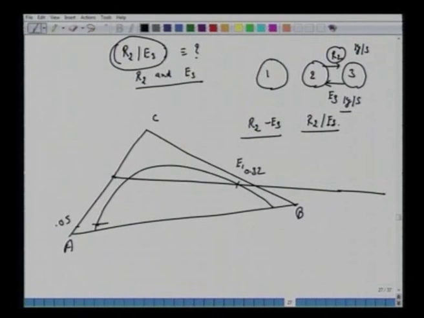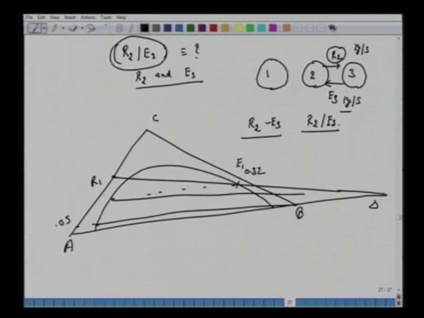Pure solvent, we had extended this here to get this del. This was E1. Take the tie line. This gives R1. Connect here. This gives E2. Tie line. This is R2. And now another operating line which connects to this to give us E3.